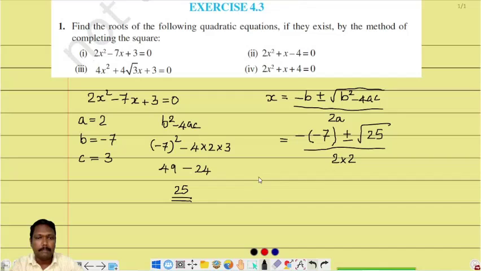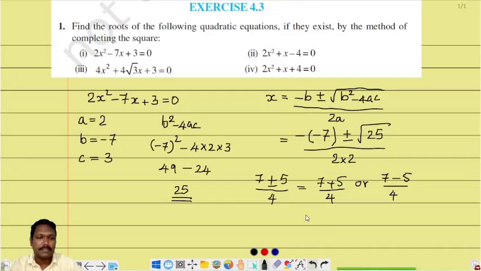So we got minus of minus 7 will be 7 plus or minus root of 25 is 5 divided by 2 into 2 is 4. Now we have to separate this one. So when we separate this one, what we get? It is 7 plus 5 divided by 4, or 7 minus 5 divided by 4.